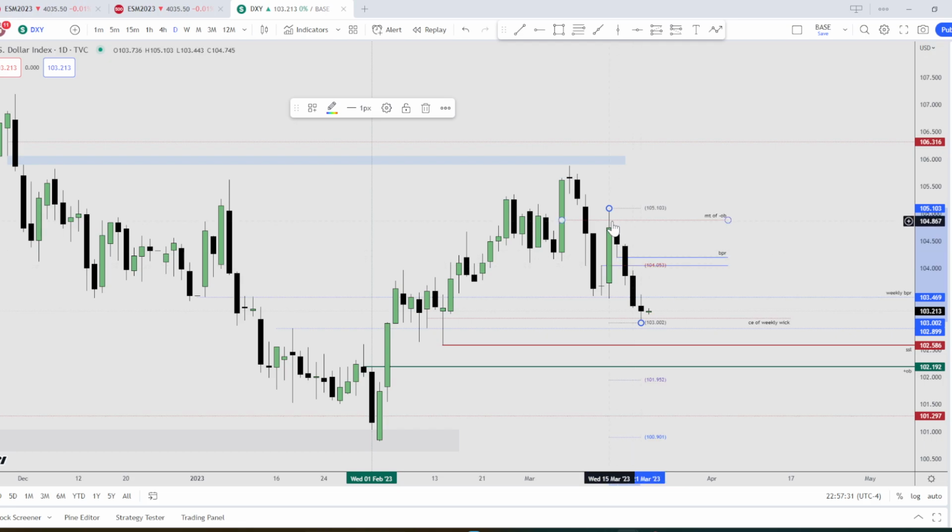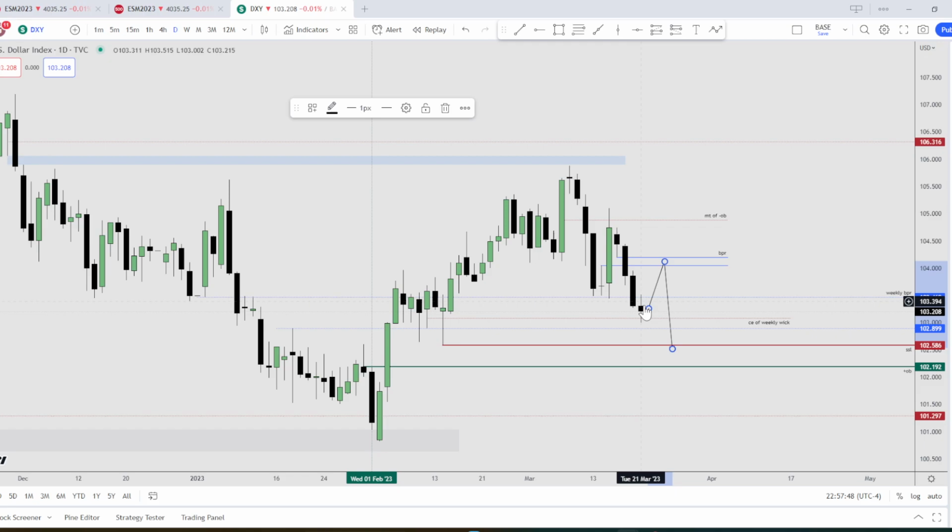All right, so it's possible that the price is going to retrace into this area and then rejects lower. This is what I'm anticipating for DXY.